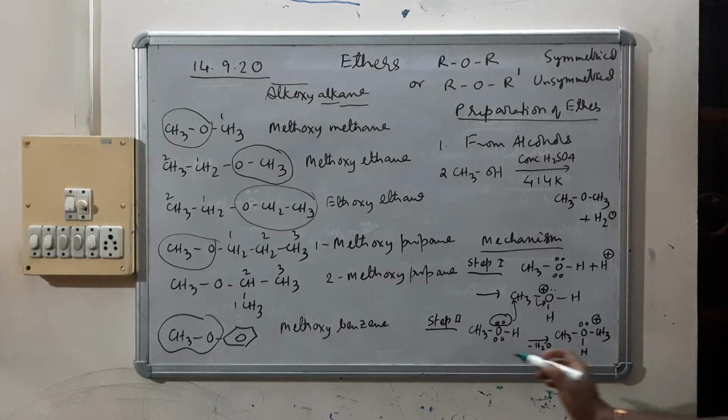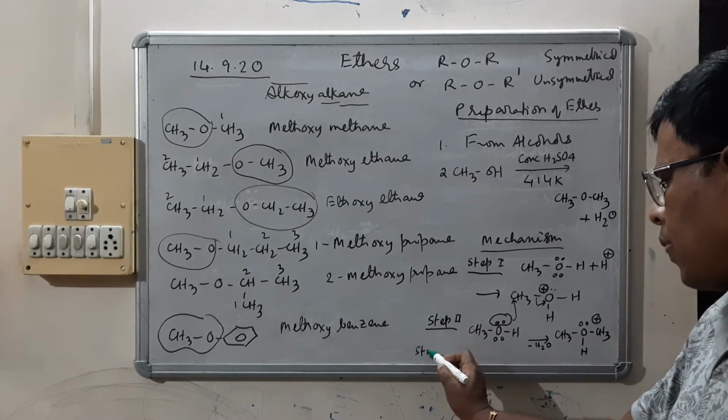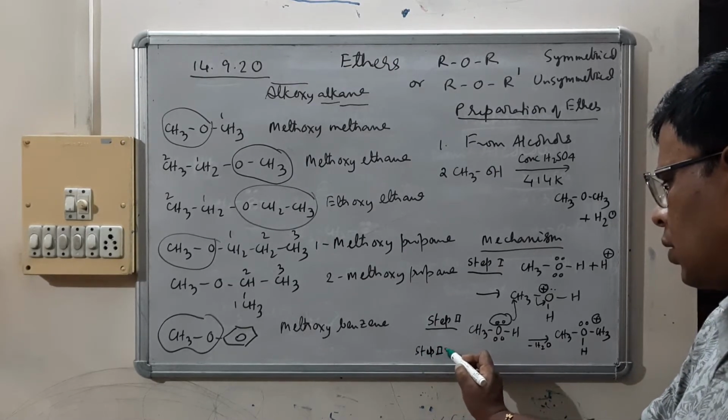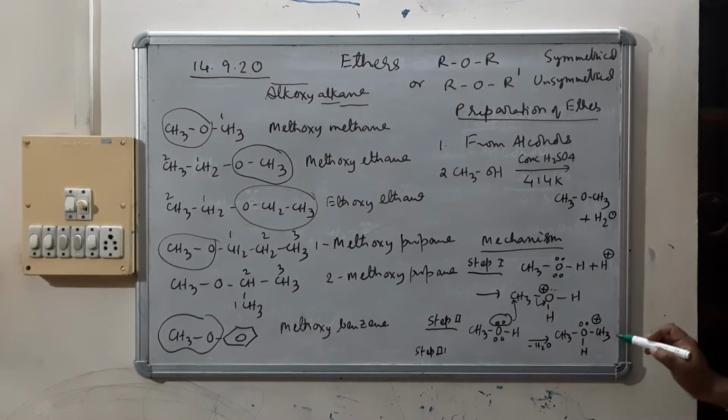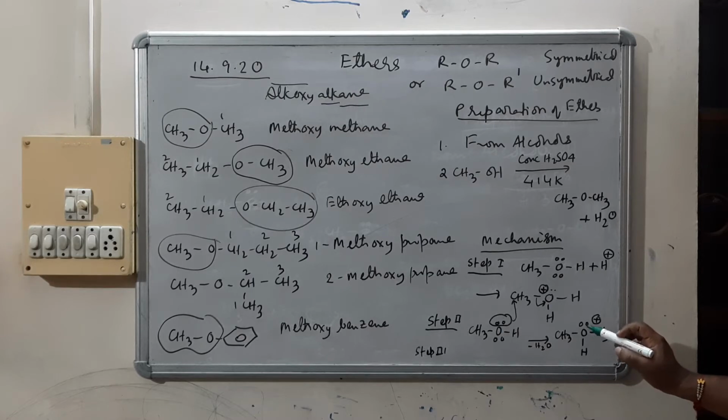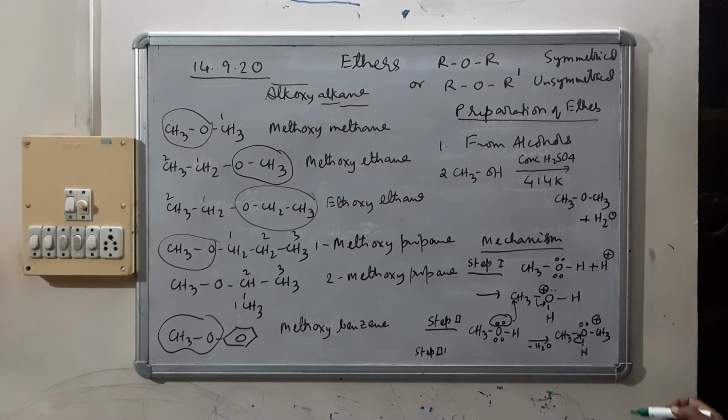And the third step, step 3: since this O plus is highly electronegative, the bond electrons will be attracted by oxygen, and this proton will be lost.